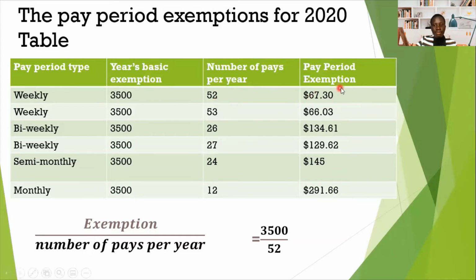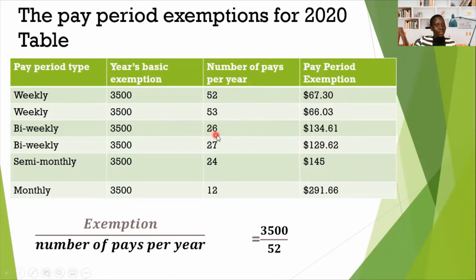So every pay period, you will exempt the amount of 67.30. Same thing too, if it's 53 pays in a year, you take 3,500 divided by 53 and you get 66.04. This is the exemption that you will subtract from your gross pensionable income before you calculate the Canada Pension Plan.